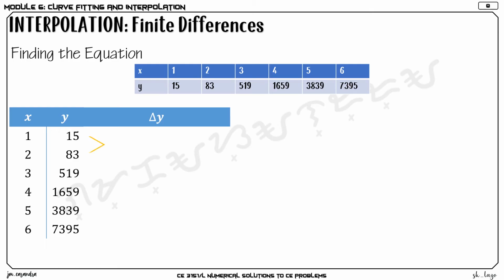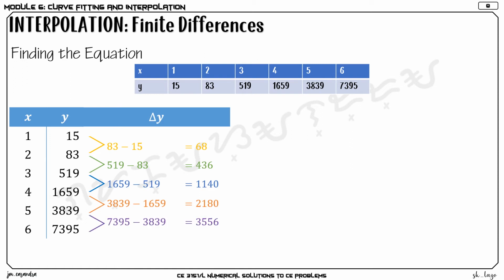So we'll have 83 minus 15 is equal to 68. 519 minus 83 will give us 436. 1659 minus 519 is equal to 1140. 3839 minus 1659 is equal to 2180. And 7395 minus 3839 is equal to 3556.